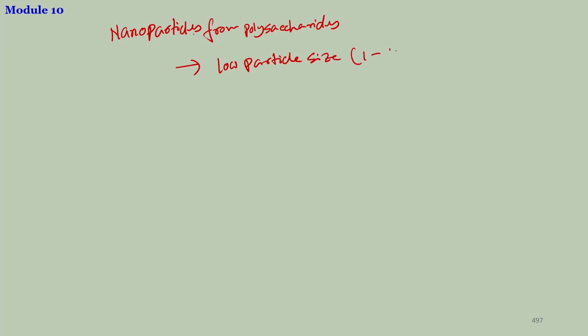So, particularly nanoparticles made up of the carbohydrates, let's say polysaccharides, such as chitosan, such as heparin, such as alginate. They have obviously low particle size, let us say 1 to 100 nanometer.